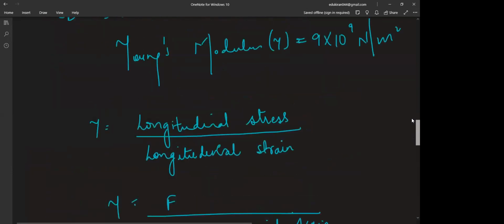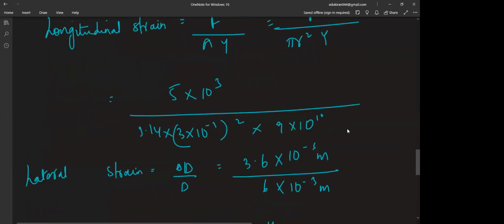Okay, this has to be solved. 9, 9, 27, 5. Something around 2 you should get. 2 into 10 to the power minus 3, 3.14. 1 will come here, then 0, so decimal. So 2 around something.